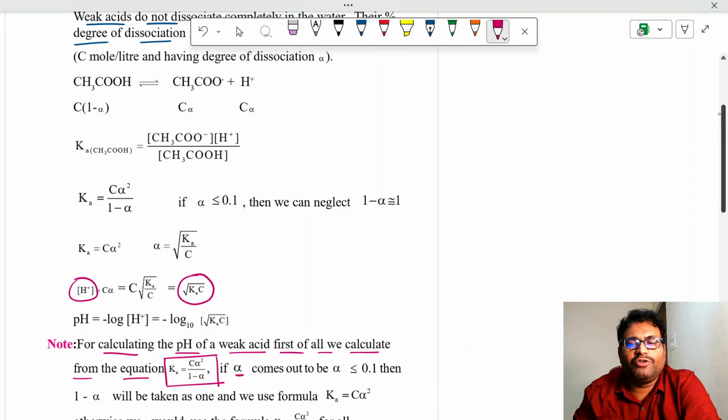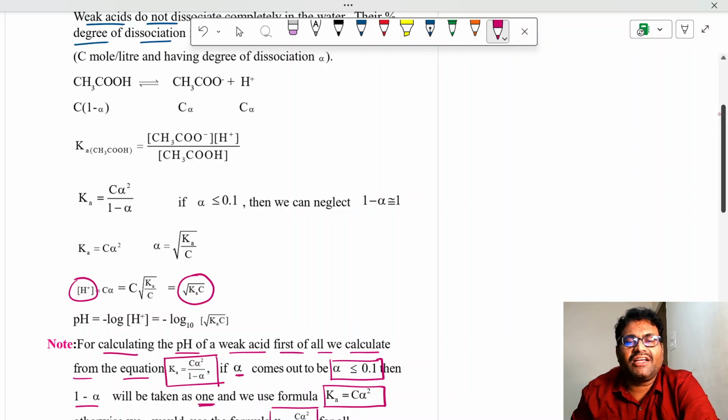If alpha comes out very much less than 1, even less than 0.1, then 1 minus alpha is taken as 1, and we use the formula Ka is equal to C alpha square. Otherwise, if alpha is not very much less than 1, then compulsorily we have to take the complete formula, Ka is equal to C alpha square by 1 minus alpha. Understood? Then let us see the next part.